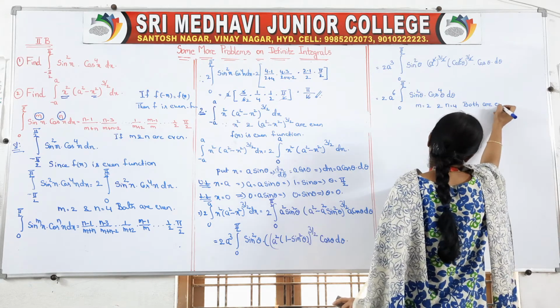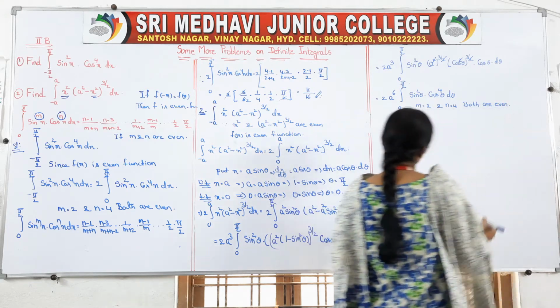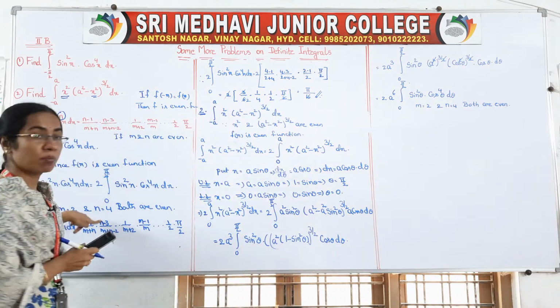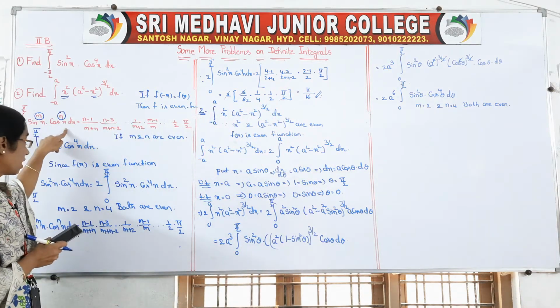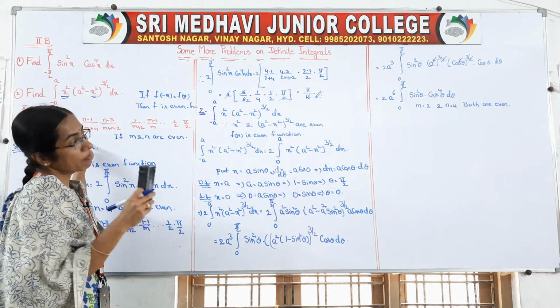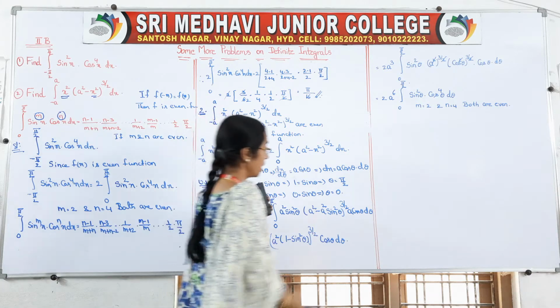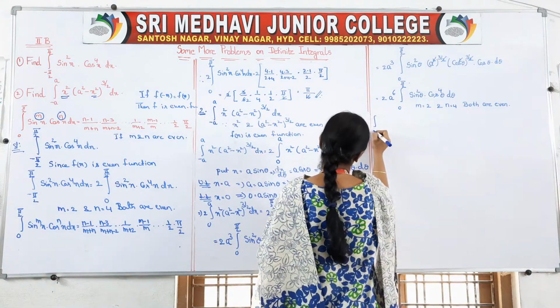So whenever problem is like this, which formula we apply? Same formula. In this problem also we applied. So here also same problem. Whenever m and n are even, we have to apply this formula. So what is that formula?